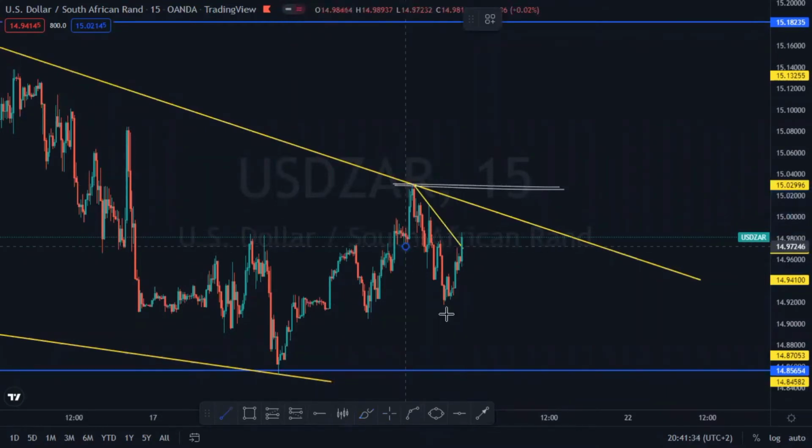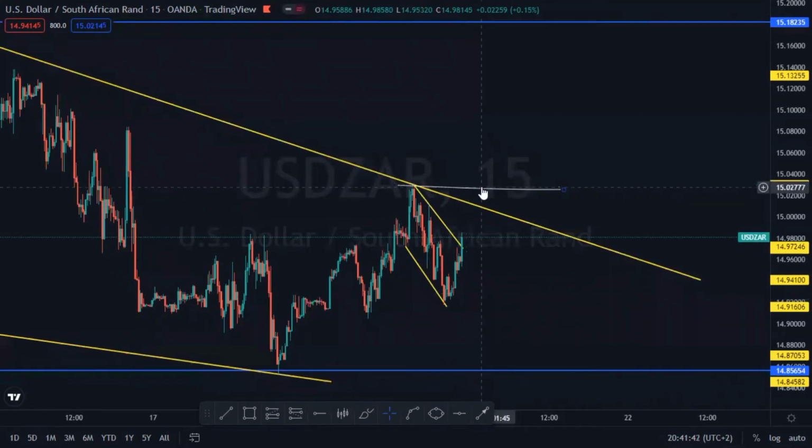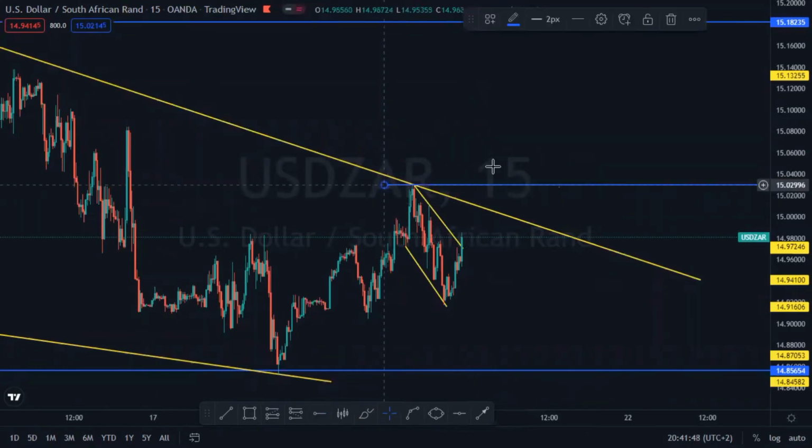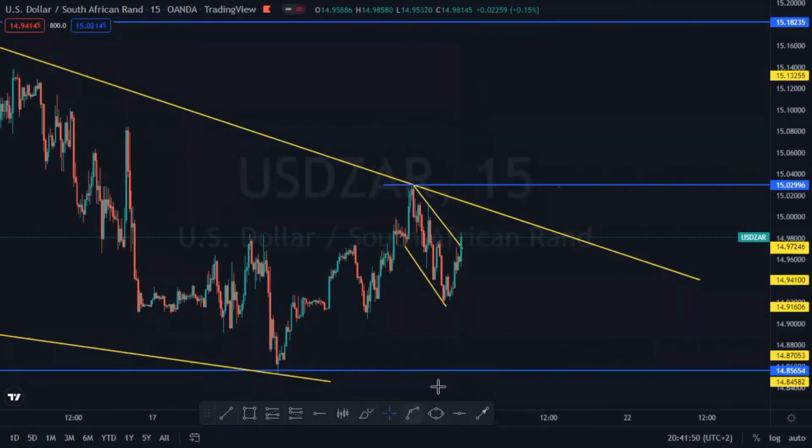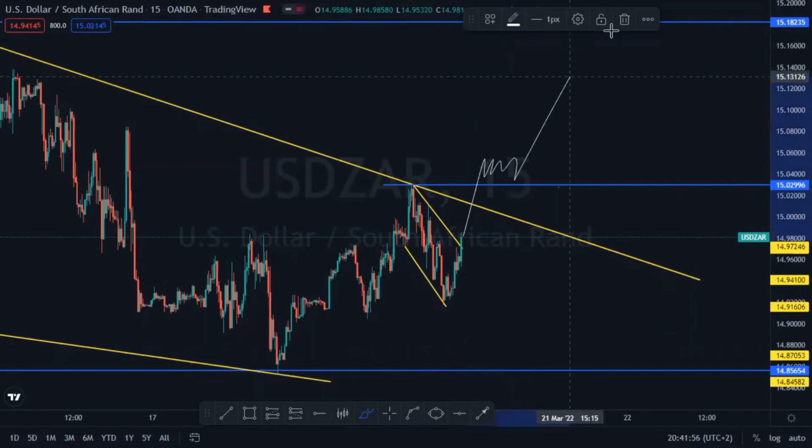So because we are in a corrective manner, the next thing that we could expect is the next impulse to the upside, right? It's just a matter of time, guys. So for USDZAR, I am actually expecting buying opportunities to the upside, guys.